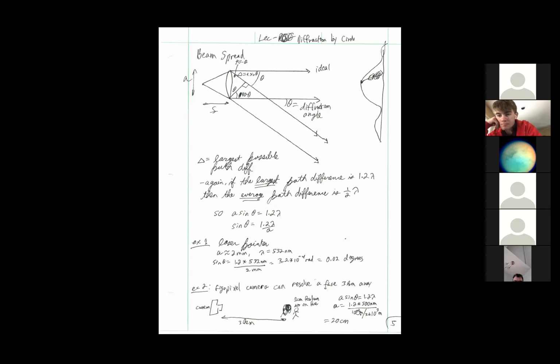And the tangent of that angle would be 10 to the minus 2 meters, a centimeter, over 3 times 10 to the 3rd meters. And of course, for an angle that tiny, tan theta is theta in radians. So we're going to have a 20 centimeter aperture. That's a very big lens. And that is apparently what they use for their gigapixel camera. Any questions?